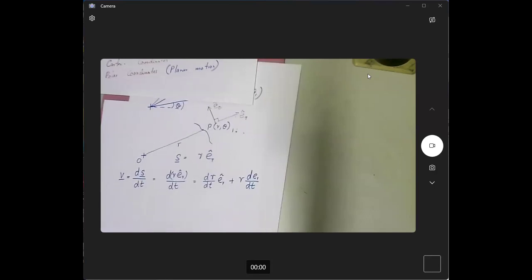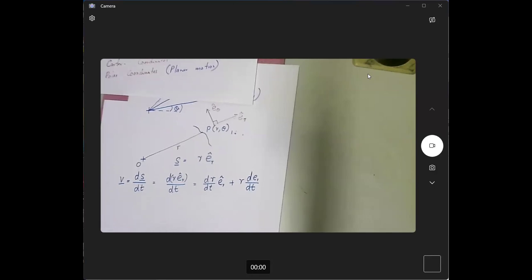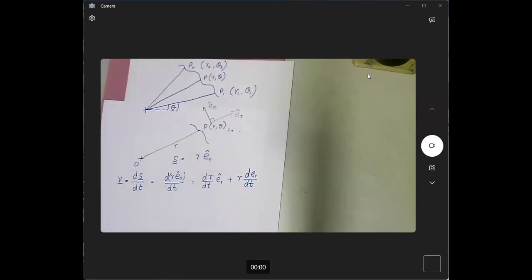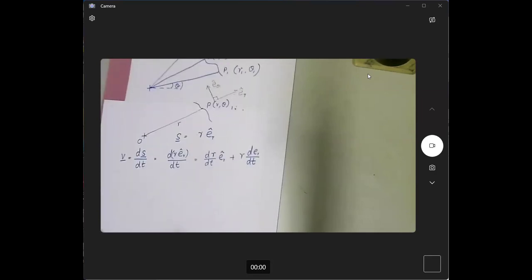You can do it with several different definitions, but the easiest is to look at how these polar coordinates are related to Cartesian coordinates. That is the easiest thing that you can come up with.